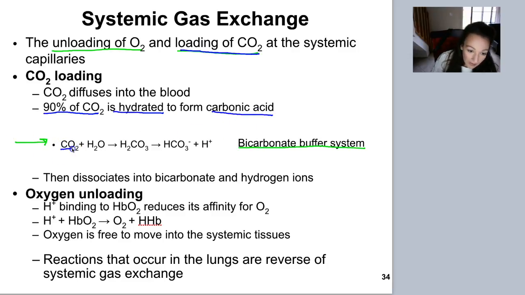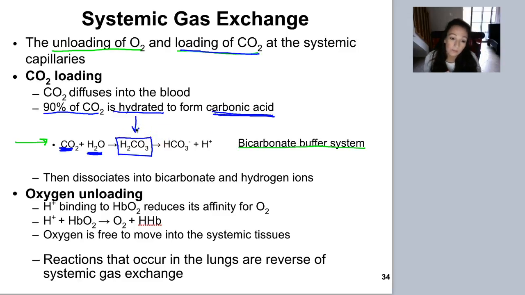The carbon dioxide comes into our bloodstream from our tissues, and it's going to react with a water molecule. Each molecule of carbon dioxide will react with a water molecule. And when it does, we can see what that reaction yields right here. It yields this molecule called carbonic acid. I want you to memorize that this is carbonic acid.